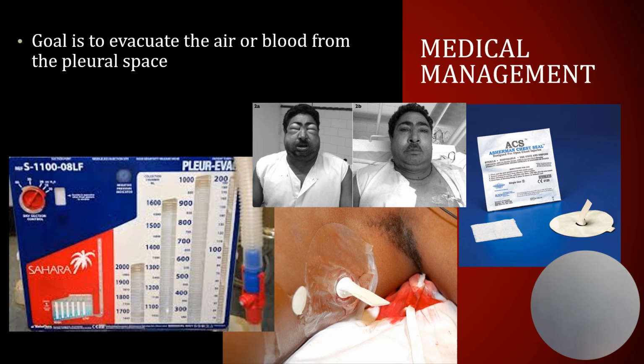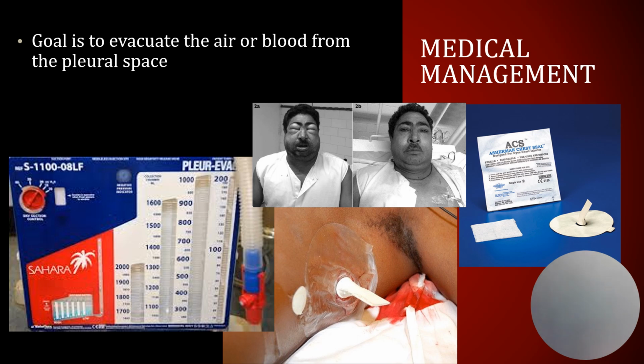We will also put a dressing around the chest tube insertion site, and that dressing will be occlusive. Now, since it's a very large tube, it will usually be wrapped with petroleum gauze and then covered with regular gauze to help prevent air leakage.